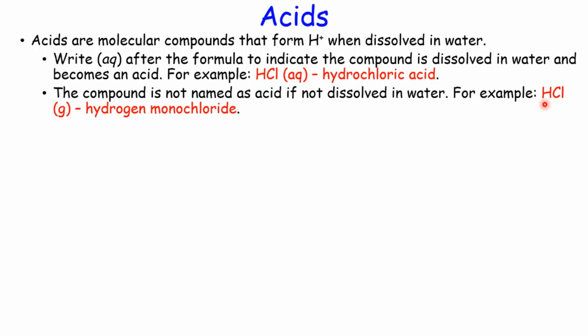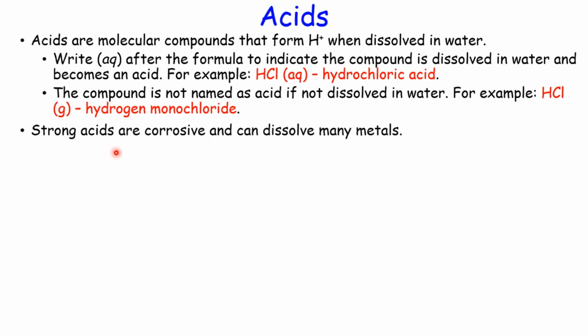We don't say mono because it's the first one. And the second one is chloride, but we have to use mono on the second one. So therefore, it should be hydrogen monochloride. So with AQ it's an acid, without AQ it's not an acid.